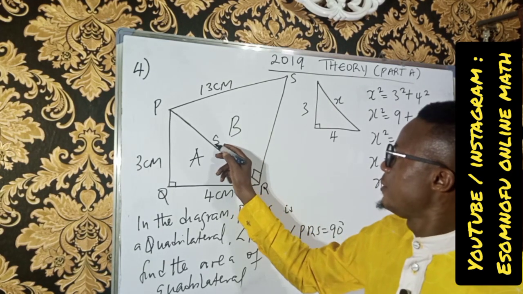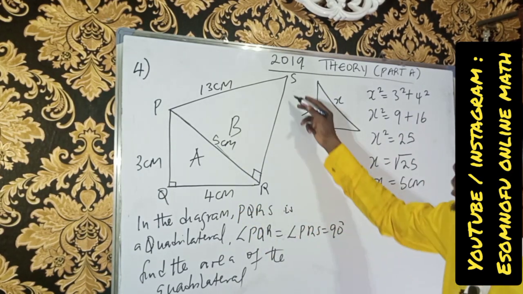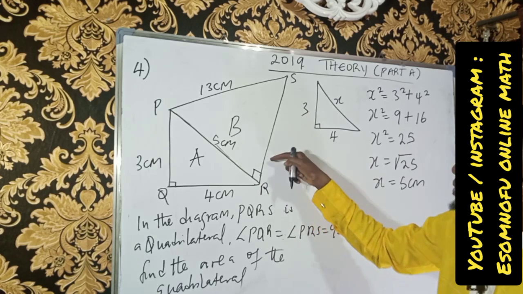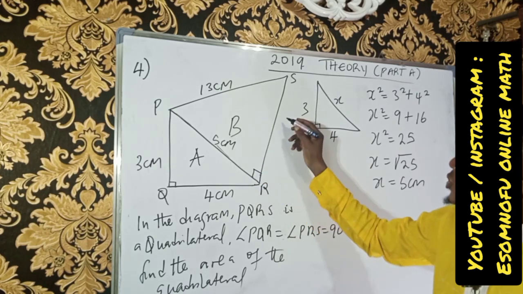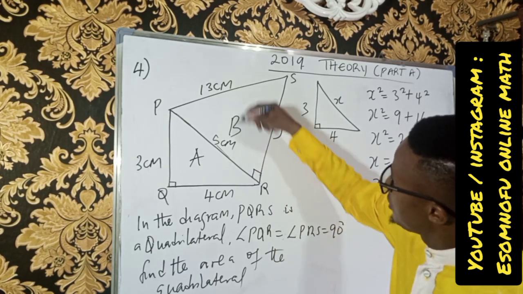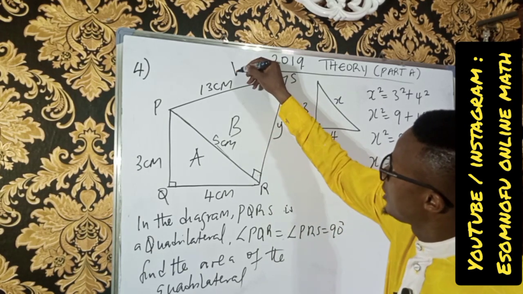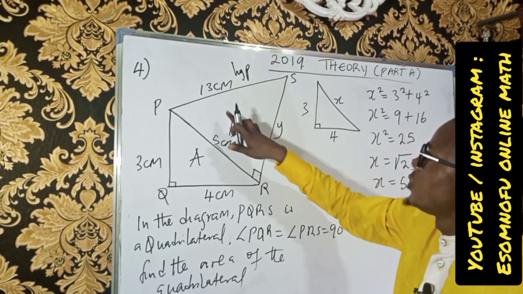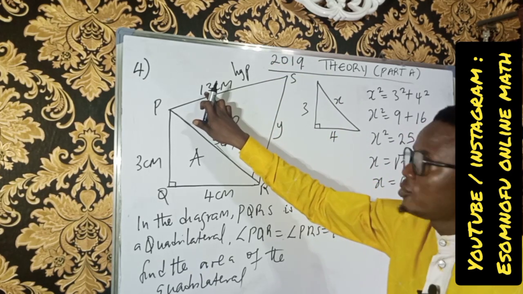X is 5 cm. I can equally get this particular side since this is a right angle triangle. So if here is y, for instance, this is the hypotenuse, because any side facing the right angle is the hypotenuse. So since I'm not looking for the hypotenuse, I have to subtract.